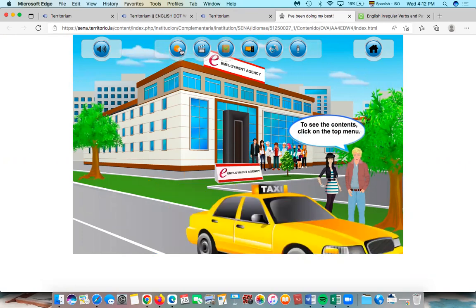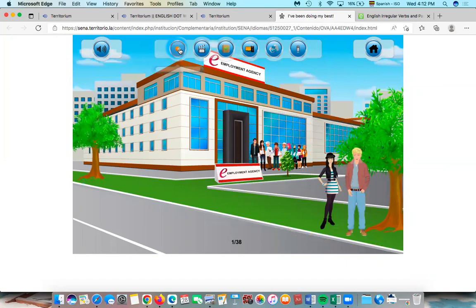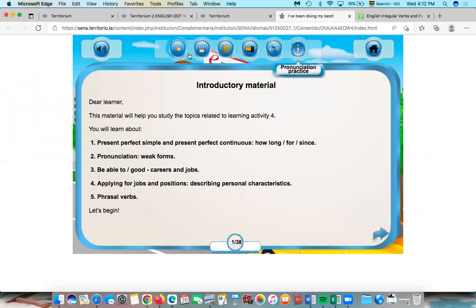Let's see here, introduction. Usually what we can see on the units is introduction, contextualization, comprehension, practice 1, practice 2, and pronunciation practice. In the introductory section, you're going to find structures and vocabulary. There's a lot of grammar sometimes.